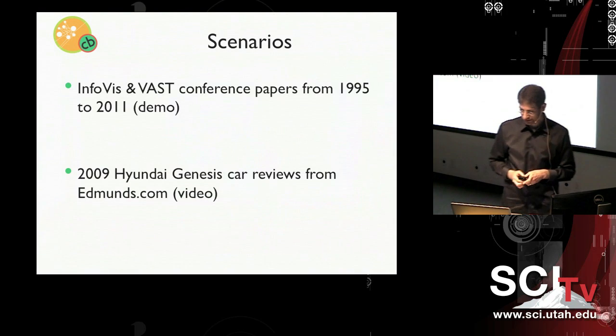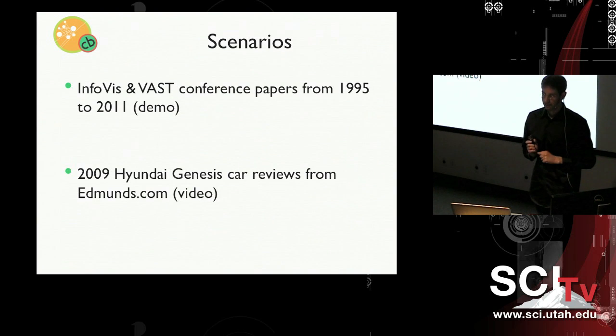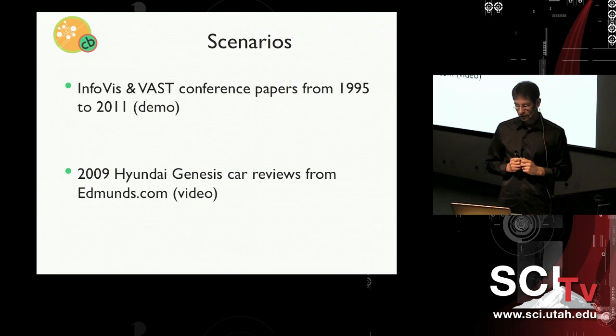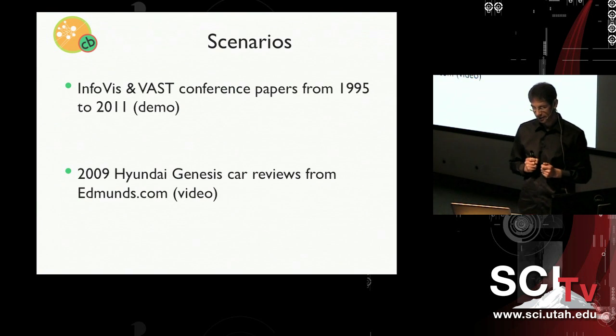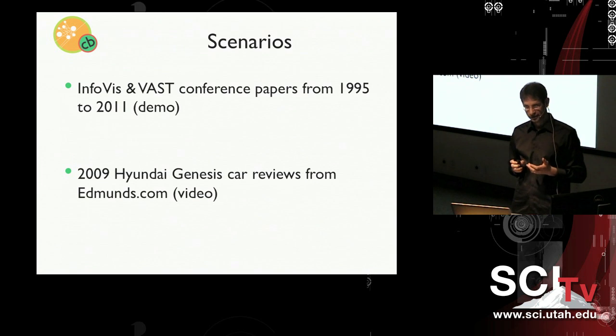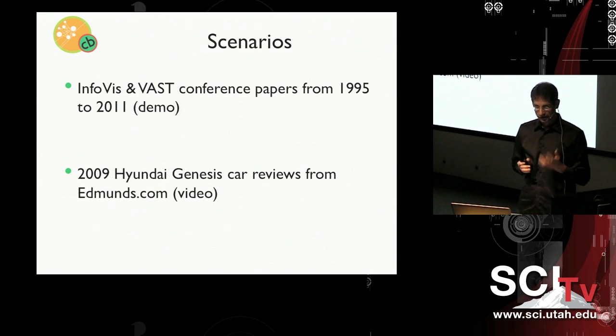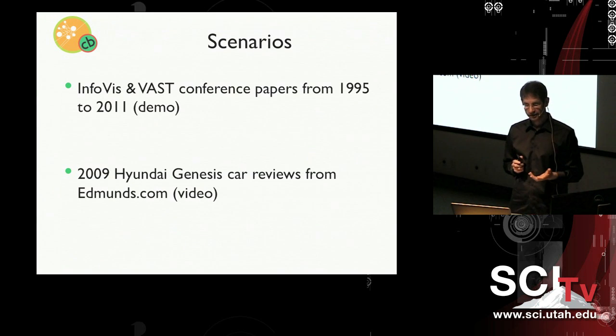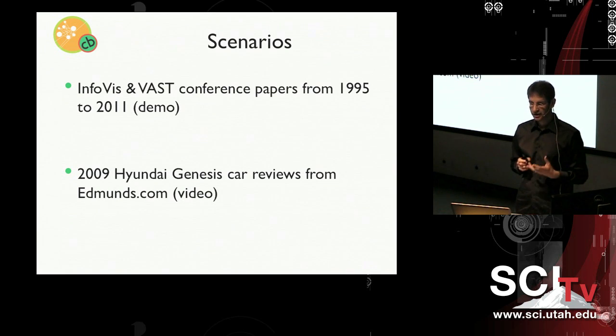And I have two examples that I would like to show. In my first scenario, I'm looking at all InfoVis and VAST conference papers from 1995 to 2011. And I'm using the metadata of the papers, like authors and keywords, as entities, but I also use entities that I automatically extract from the papers based on a dictionary approach, where I just created a dictionary of 80 keywords that are important in the domain.